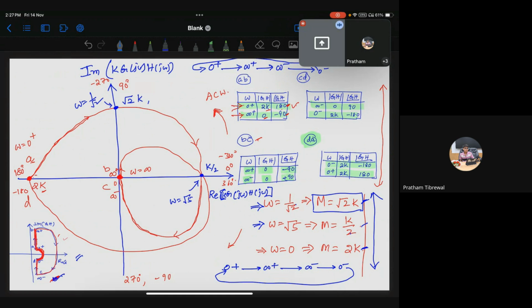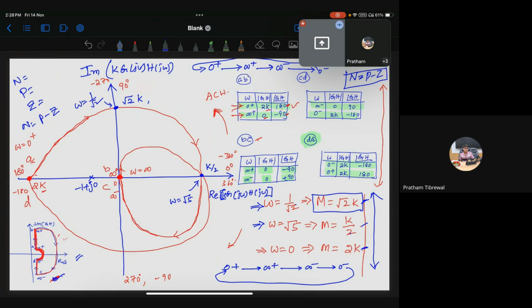Now the major part is N is equal to P minus Z. Let me write it here. N is equal to P minus Z. Basically N means the number of encirclements this curve makes around the point -1 plus j0.